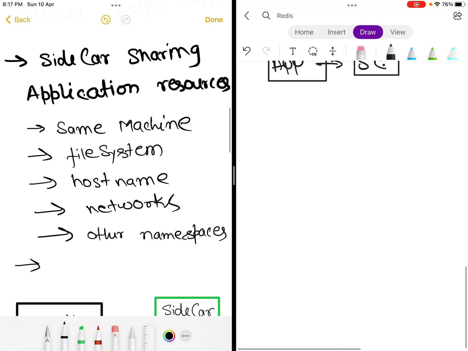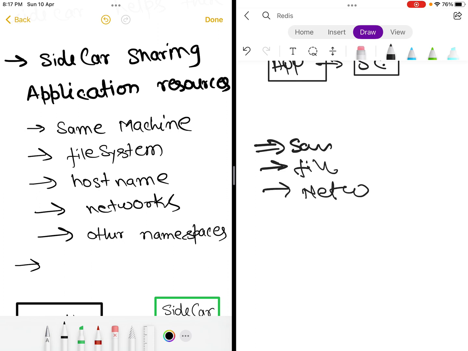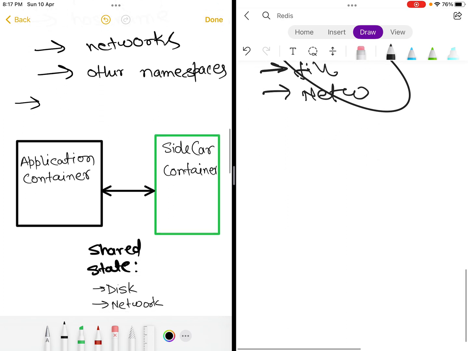It will share all the resources, as we said in the example of our actual car. It will be running on the same machine, sharing the same file system, the same network, and other namespace related things also.